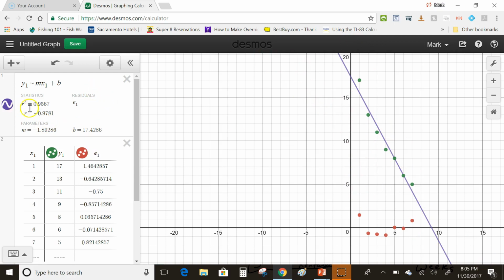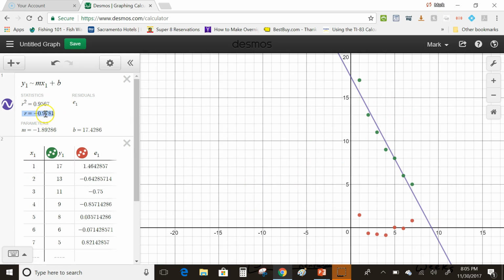The other thing that's important to note is this right here, this R. This R is telling us the closer it is to positive or negative 1, the better our line of best fit is. So for instance, if it said negative 1, these points would be perfectly in a linear fashion. We'd have a constant rate of change. If it said positive 1, we'd have a constant rate of change sloping upward.